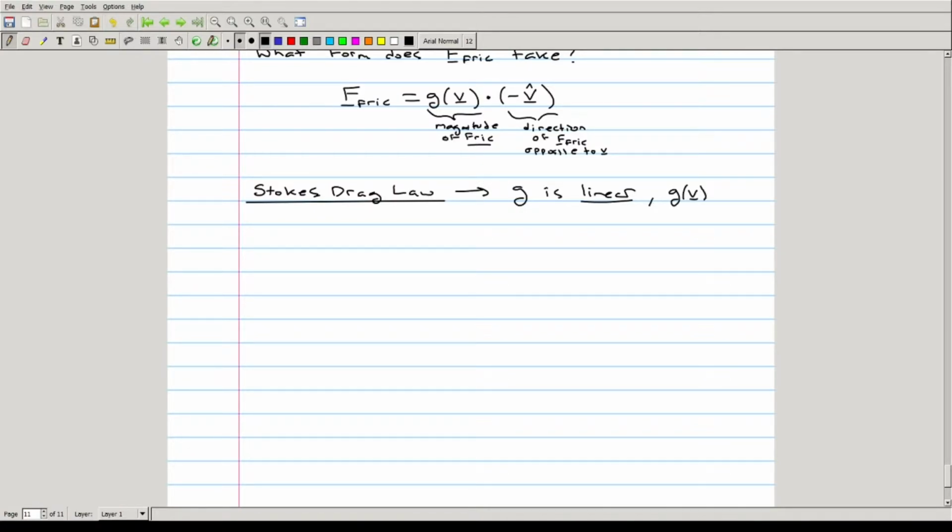So G of v ends up being some constant a times the magnitude of the velocity vector, so that the force of friction ends up being a times the length of the velocity vector times negative v hat, where v hat is the direction vector that points in the direction of the velocity.